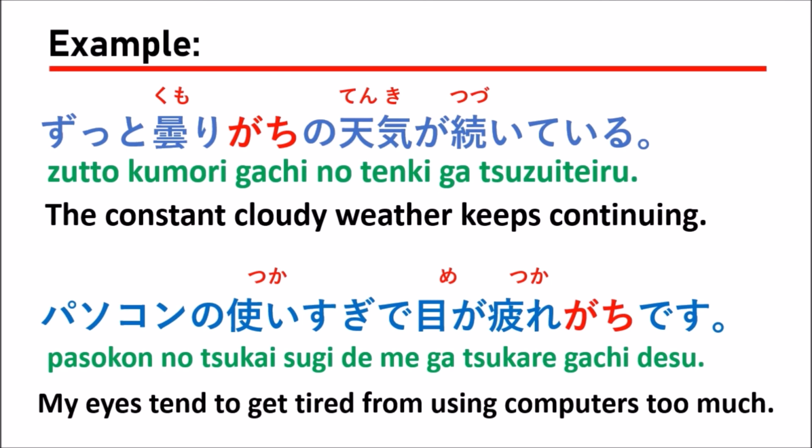So it's a situation that easily happens to everybody who uses computers. So in this case, you can say 目が疲れがちです。This means it's easy for your eyes to get tired, right?